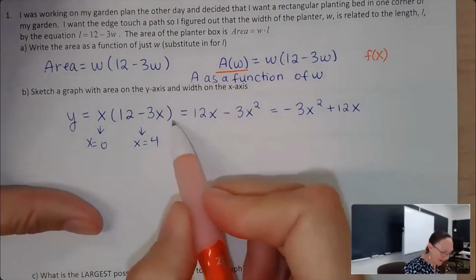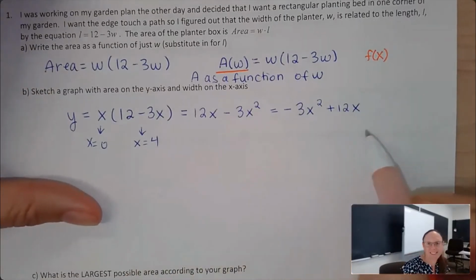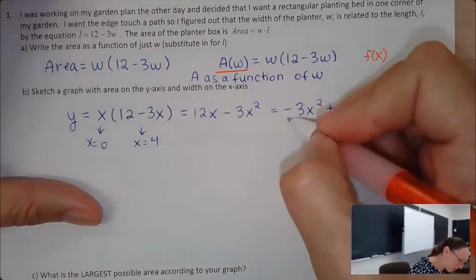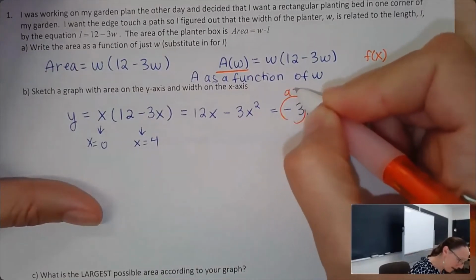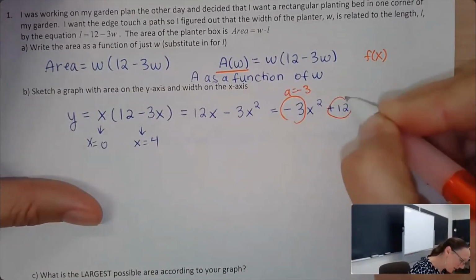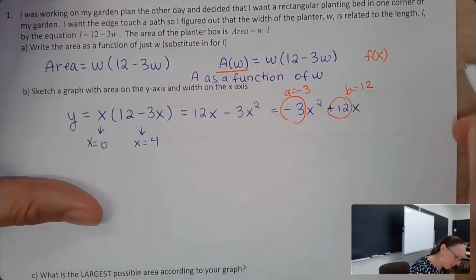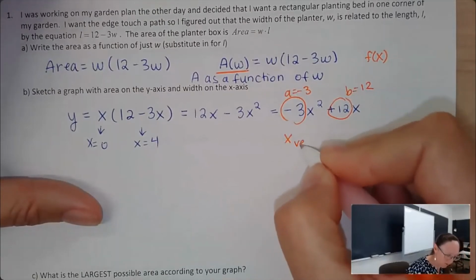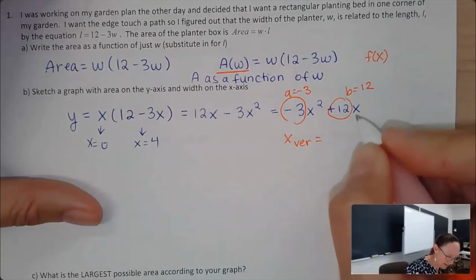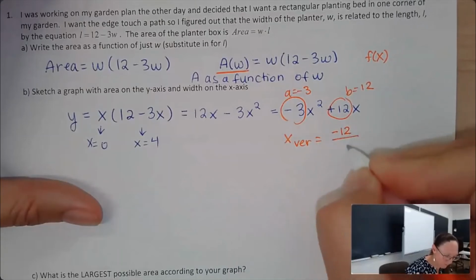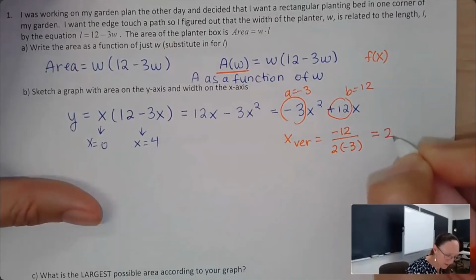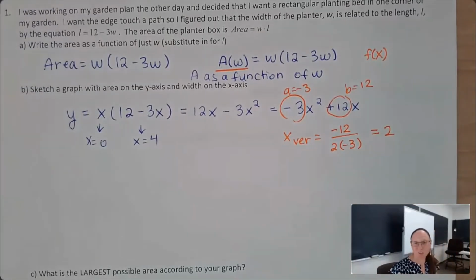So I did go ahead and multiply this out and put it in the standard order so that we can get that a is negative 3, b is equal to 12. And if you wanted to think about that vertex as negative b over 2a, that's also going to get us to a value of 2.